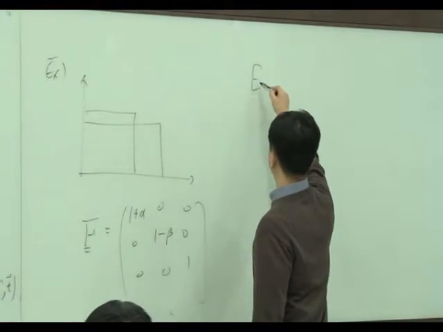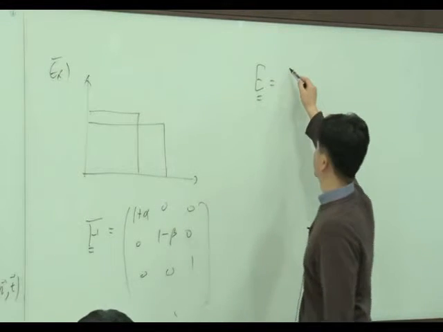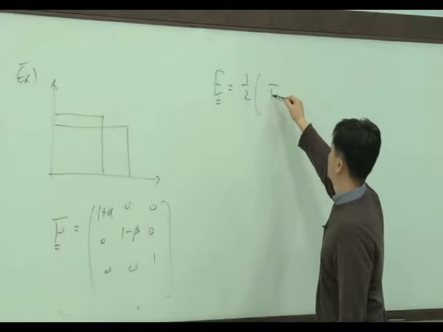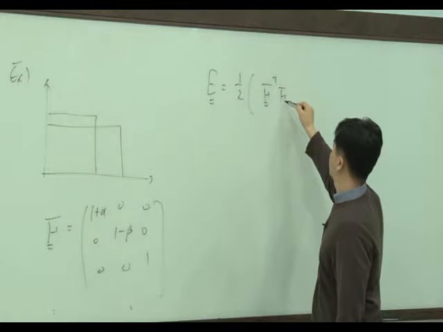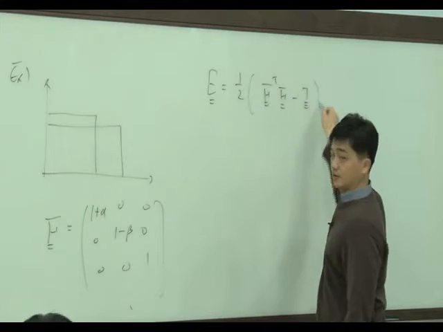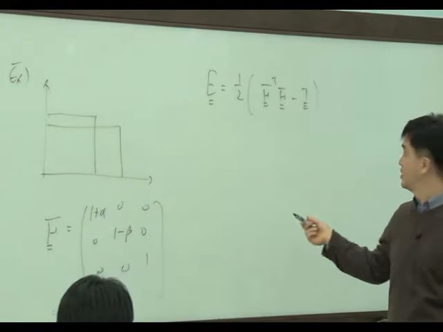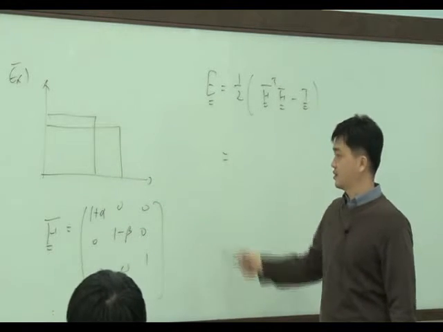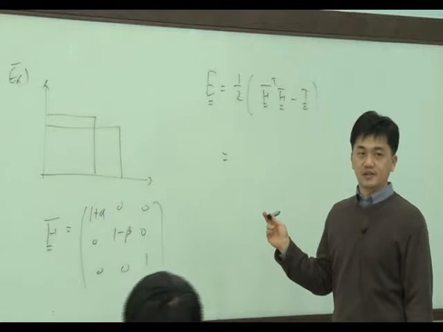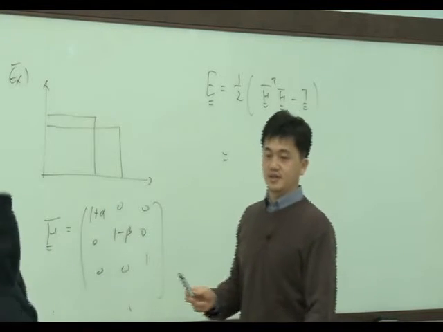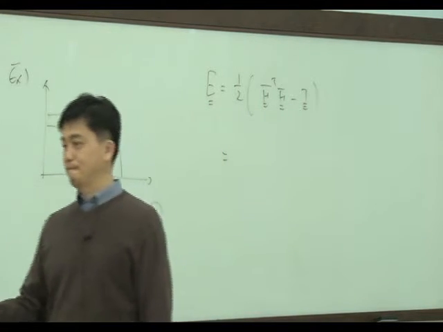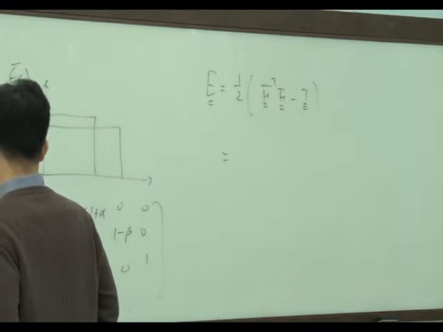Then we can calculate the Green-Lagrange strain, 1 over 2 times F transpose F minus I. 정호, can you write this down here? Very simple calculation.